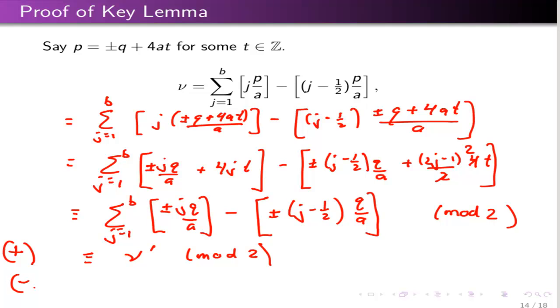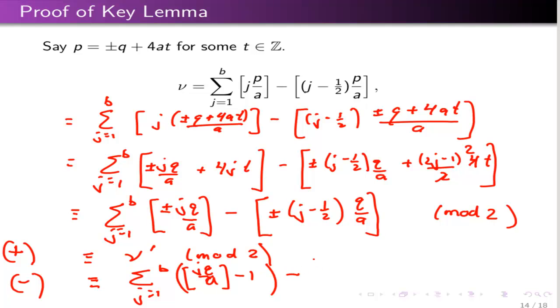In the minus case, we use another formula from the first lemma that says the bracket of minus x is minus the bracket of x, minus 1. So you're going to get the opposite. Well, the opposite of any number mod 2 is just itself. That's the bracket of jq over a, minus 1.